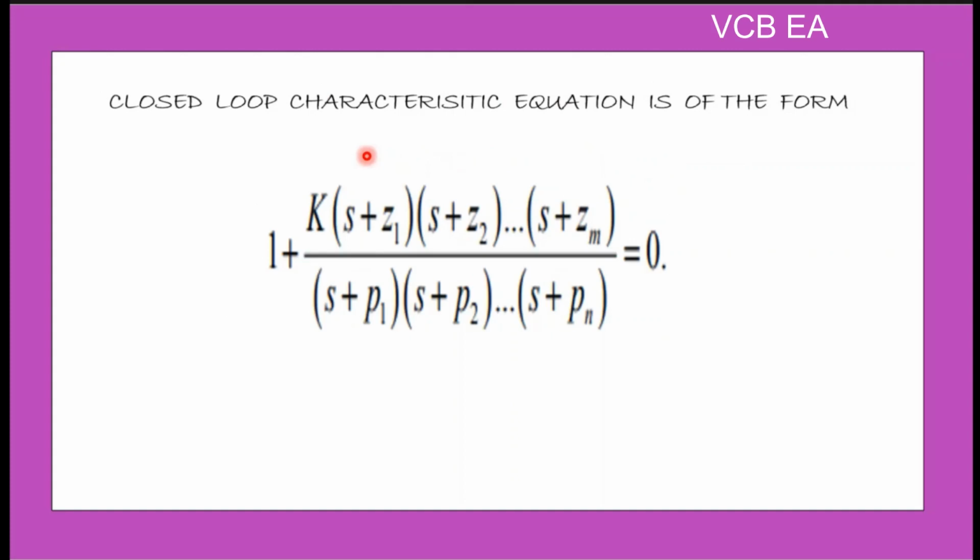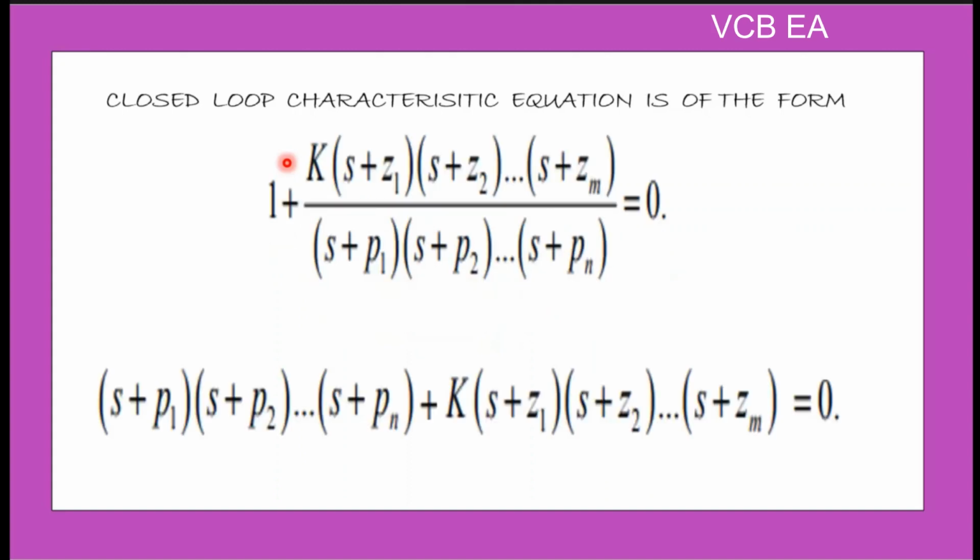Closed loop characteristic equation is of the form 1 plus GH equal to 0. We already know the value of GH. So the closed loop characteristic equation takes the form 1 plus K into S plus z1, S plus z2 and so on, S plus zm divided by S plus p1, S plus p2 and so on, S plus pn equal to 0.